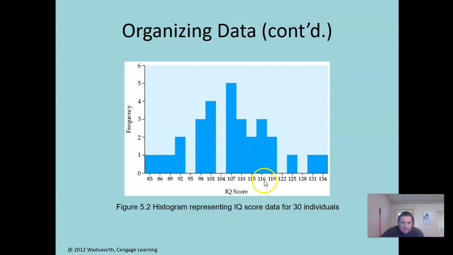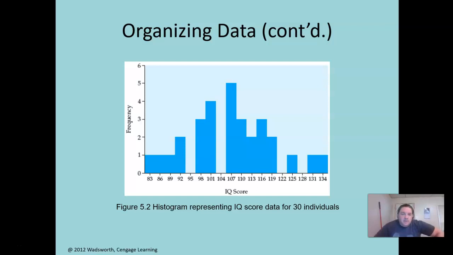Sorry, I haven't been reading those off. 116 is 3. 119 is, sorry, 2. 122 is 0. 125 is 1. 131 is 1, and 134 is 1. So we're going to learn about the curve here and the distribution and what that looks like too. We'll have names for that information coming up.